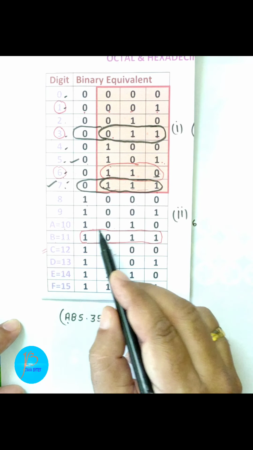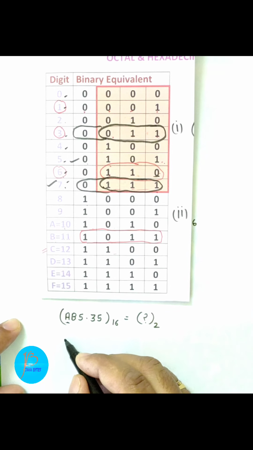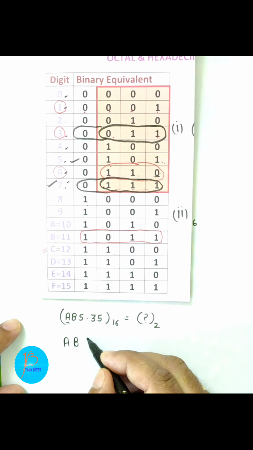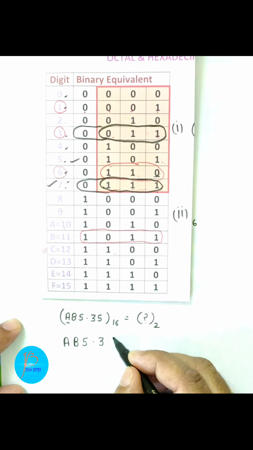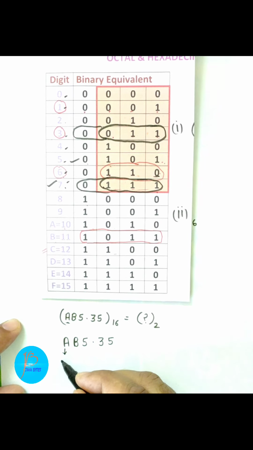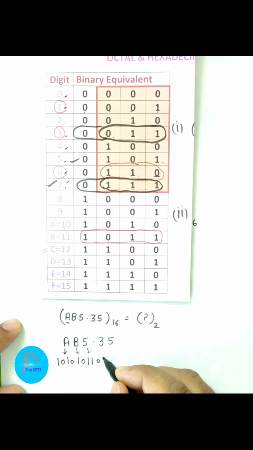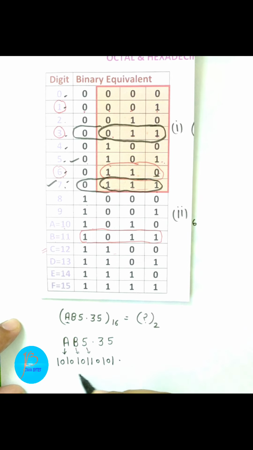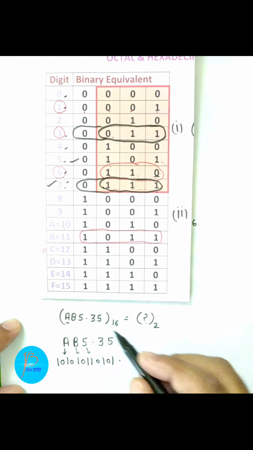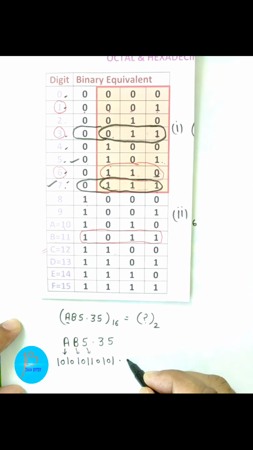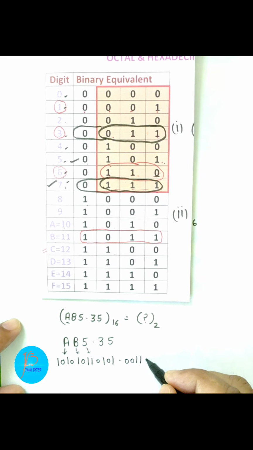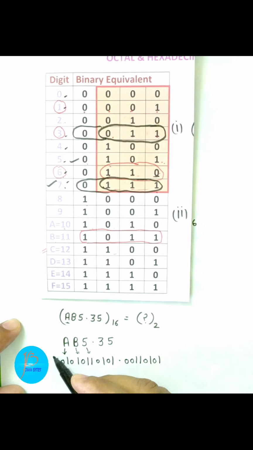For example, A is given as 1010, B is given as 1011, then for 5 it is 0101. So it is the binary equivalent of the integer part. Then for 3 it is 0011, and for 5 it is 0101. So it is your answer on base 2.